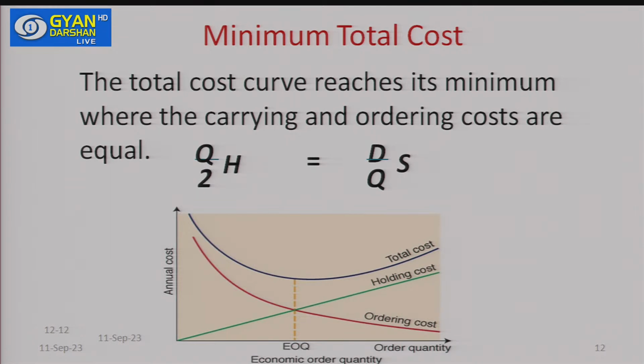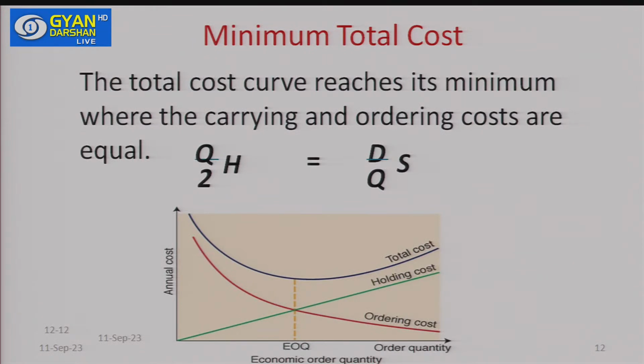Then D is the demand, Q is the quantity, so D by Q is the number of orders which we are placing. S is the ordering cost, so D by Q into S is the total ordering cost.